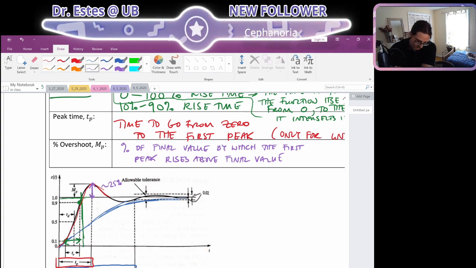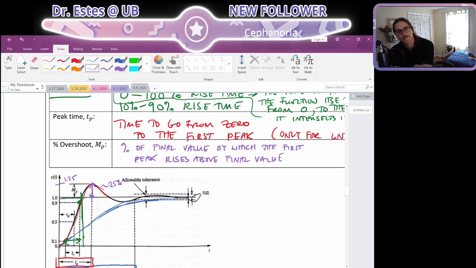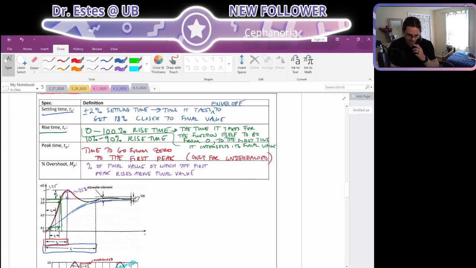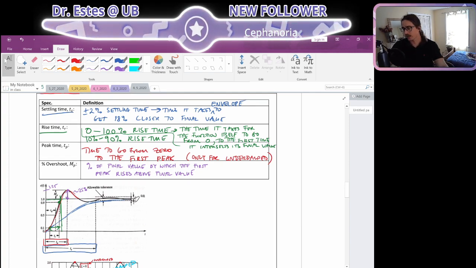Because it goes to, let's say it goes up to 1.25. So that's some vocab for the step response of a second order underdamped system.